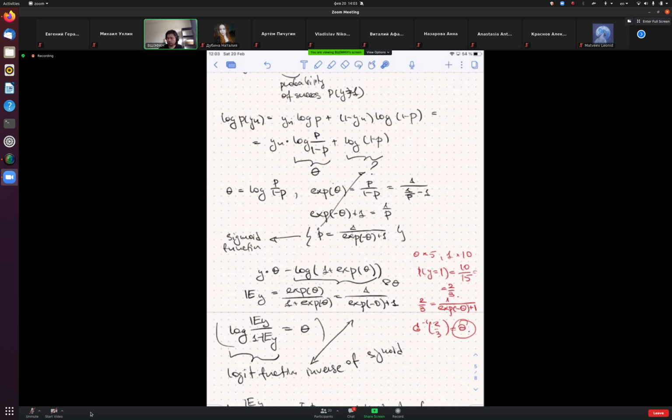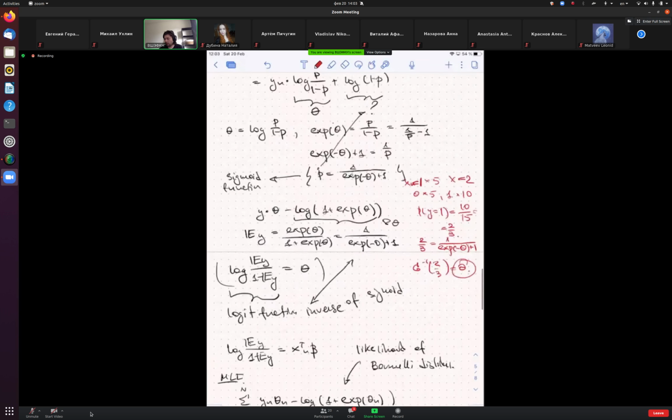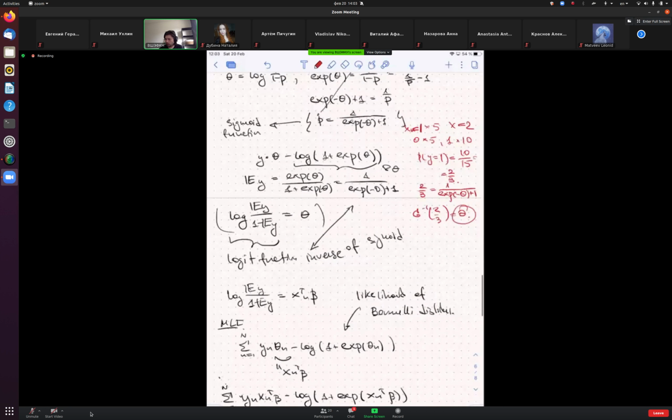But we say it's not enough for us. We also observe some other information. When y is equal to 0, five times, let's say x is equal to 1, and when y was 1, x was equal to 2. Then we cannot just say this.